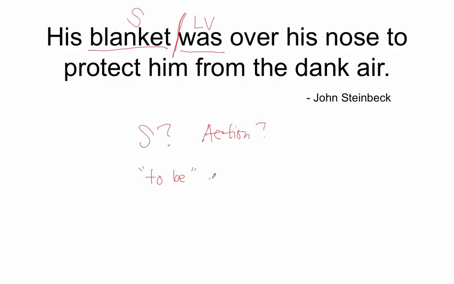And most of these appear in terms of is, are, was, were, and was is our linking verb here. And basically what the linking verb does is it links a subject to additional information. So here it says his blanket was over his nose to protect him from the dank air.